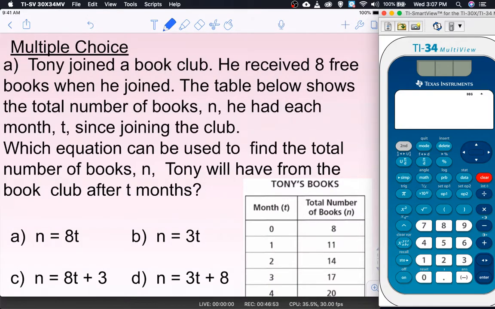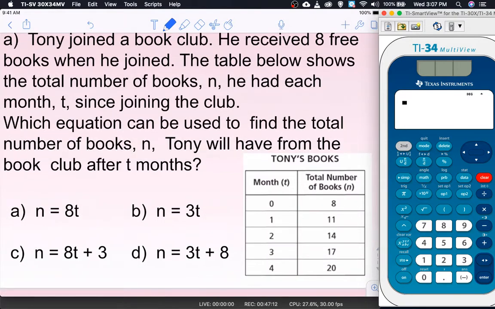Letter A says, Tony joined a book club. He received 8 free books when he joined. The table below shows the total number of books N he had each month since joining the club. Which equation can be used to find the total number of books N Tony will have from the book club after T months?